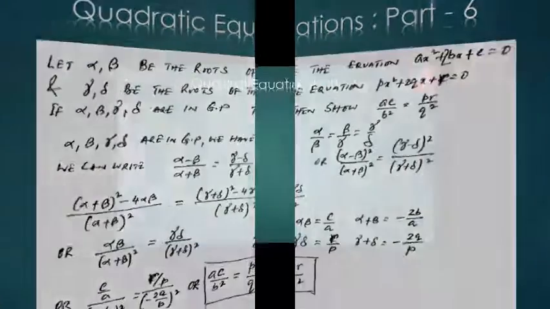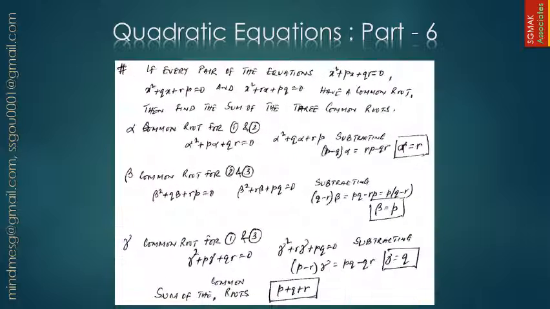Okay. Last problem for this part. If every pair of the equations x squared plus px plus qr, x squared plus qx plus rp, and x squared plus rx plus pq has a common root, then find the sum of the three common roots.